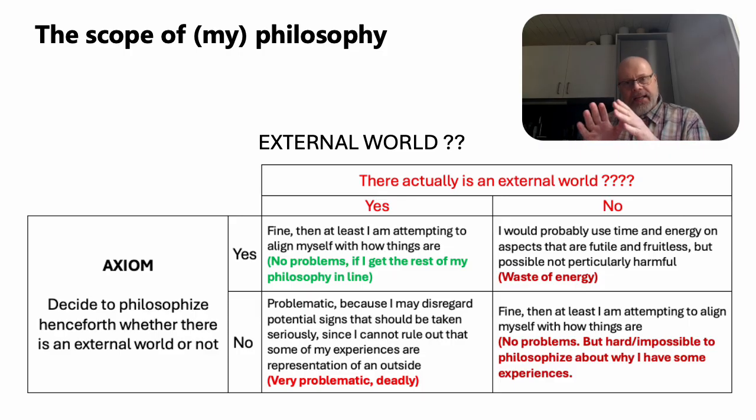So as long as I get the rest of my philosophy in line with this understanding, without screwing it up and without staying skeptical, and don't invent things off the top of my mind, or bringing in dogmas, right?